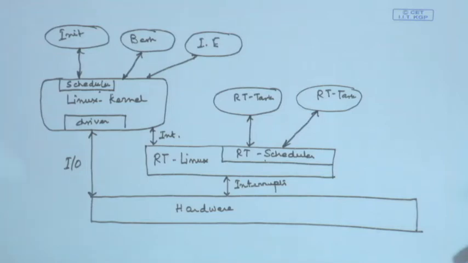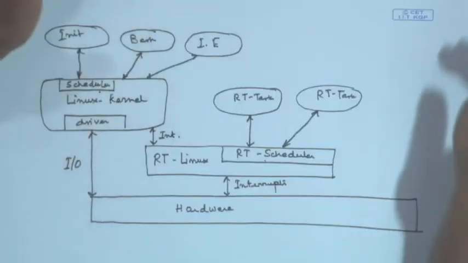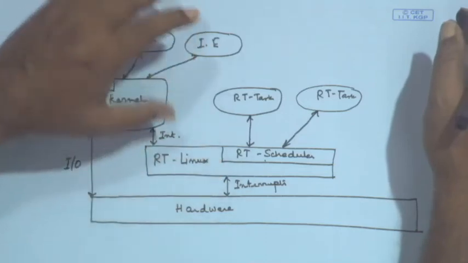So, yes, both this normal Linux and this RTOS, RT Linux, need to sit in the same system. I mean, so for example, if you want, no, that is just an idea.